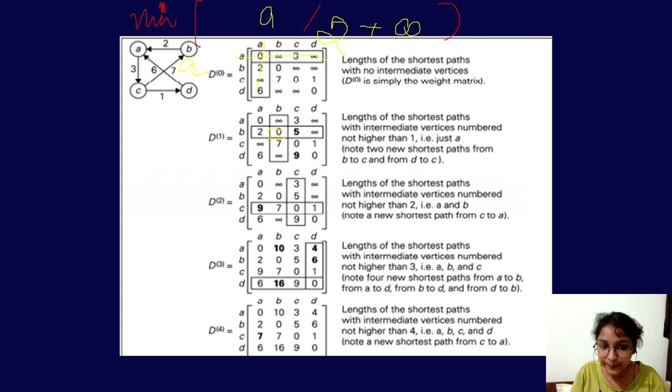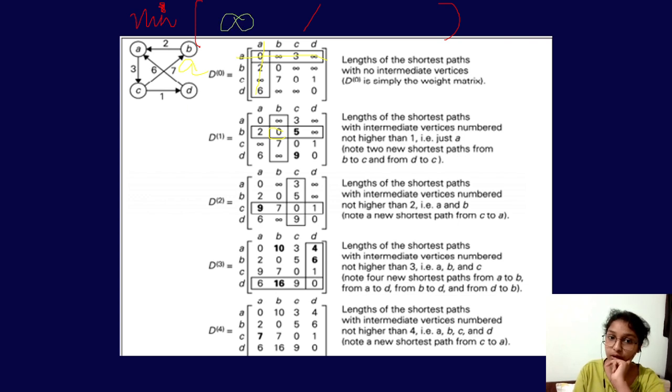Similarly, let me erase this and let's see the next one. How can we travel from B to C and how much is the distance? B to C previously, according to the matrix, is infinity. Can we travel from B to C through A?